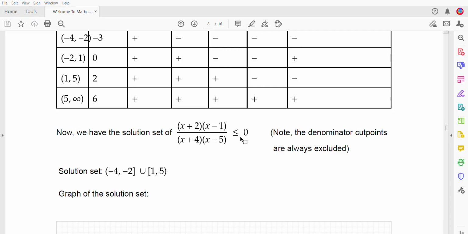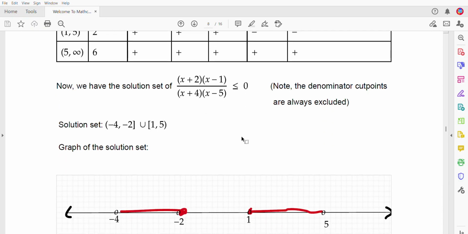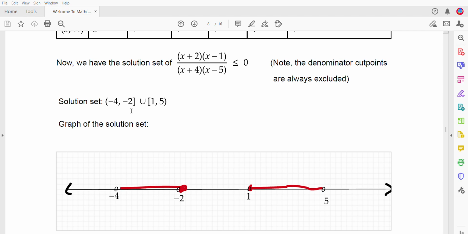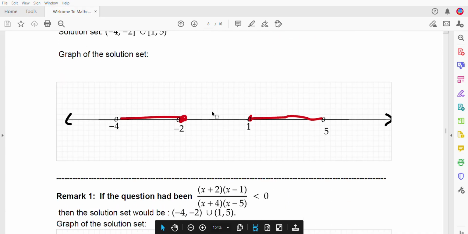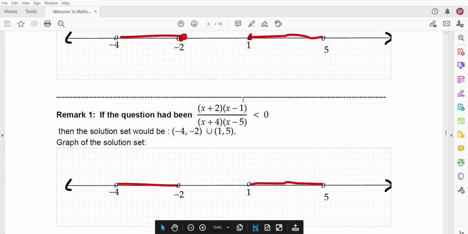All right. With that done, you have the intervals. Notice negative 2 is included, so it's filled in. 1 is included, it's filled in. Negative 4 and 5 are excluded. That's your graph. Okay. Suppose you had the question, instead of less than or equal, just less than. Steps would be the same. All you are looking for are negatives.